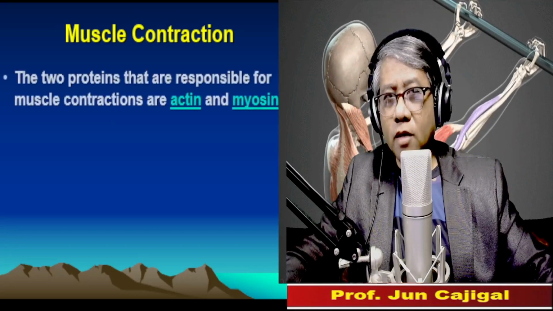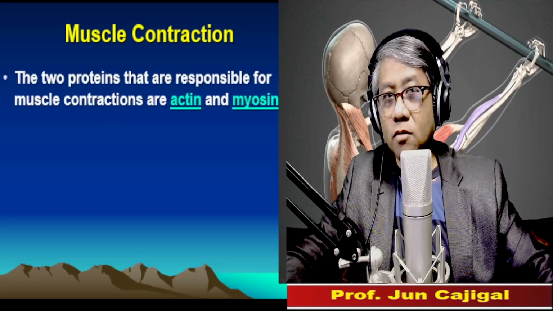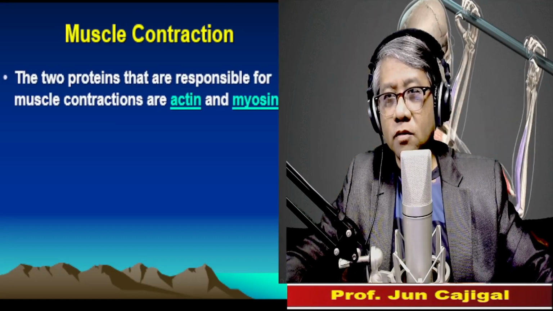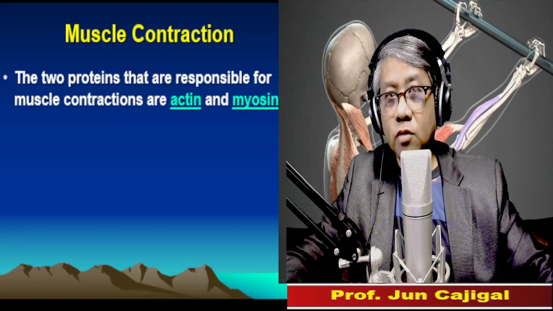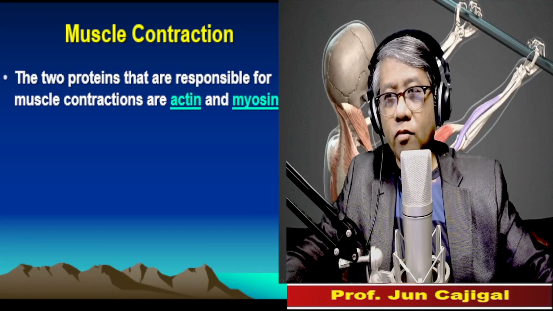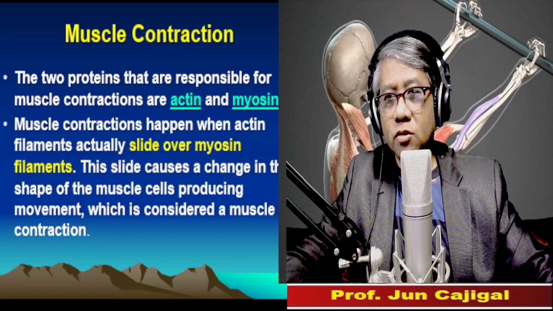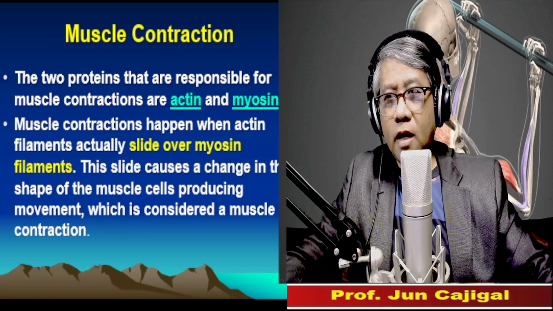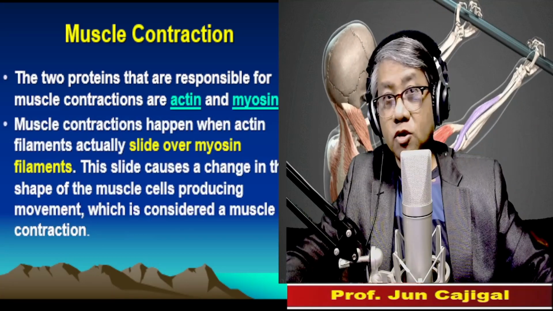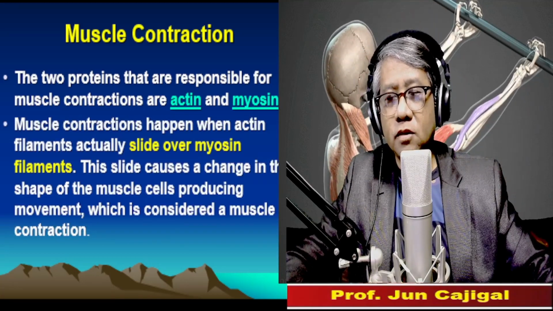Now, muscle contraction again involves the actin and myosin myofibrils. Now, these two proteins, actin and myosin, they are responsible for muscle contractions. Now, muscle contraction happens when actin filaments actually slide over the myosin filaments.